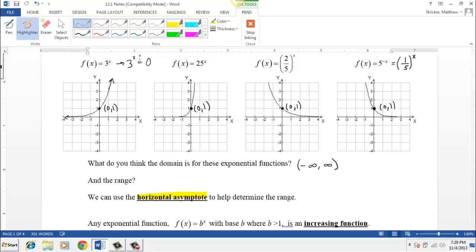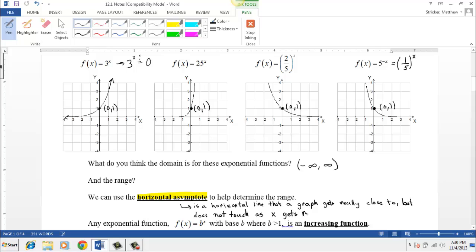A horizontal asymptote, let's write this in, is a horizontal line that a graph gets really close to, but does not touch, as x gets really big in both the positive and negative directions.